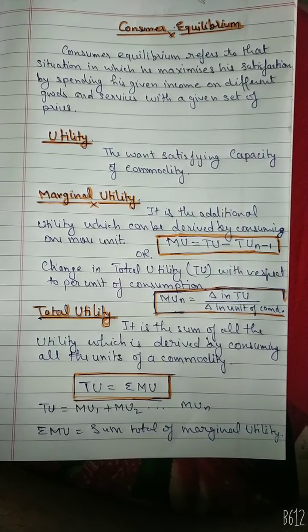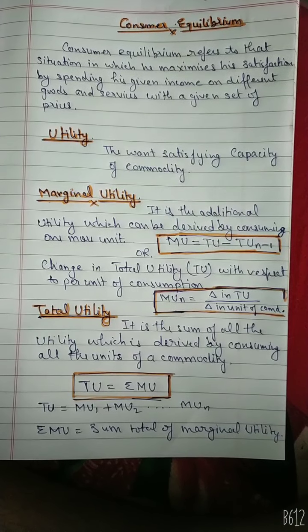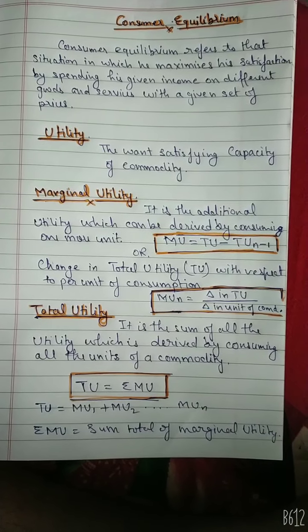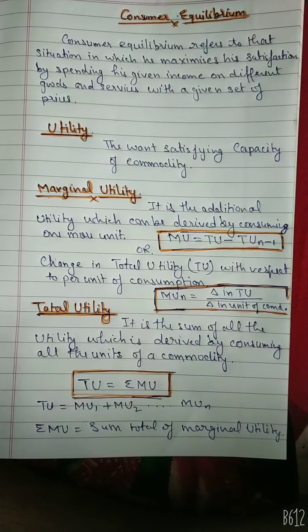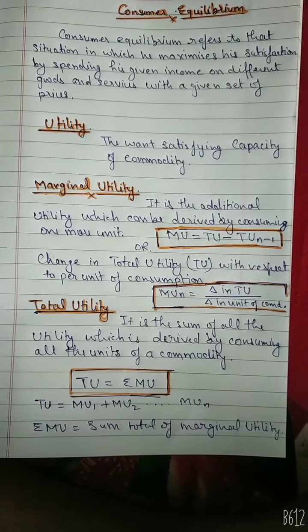Now total utility. It is the sum of all the utility which is derived by consuming all the units of a commodity. The formula for total utility is equal to the summation of marginal utility.